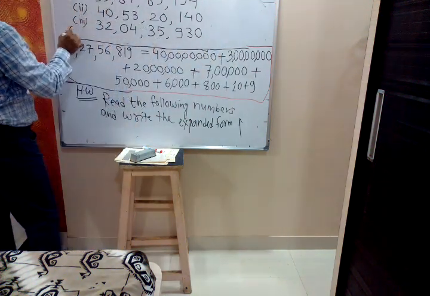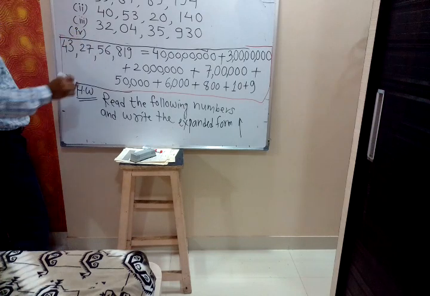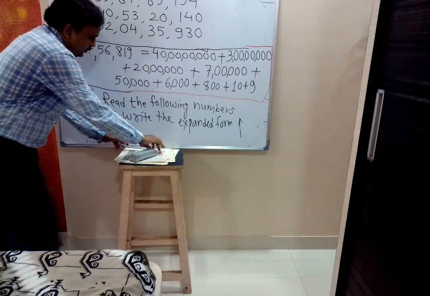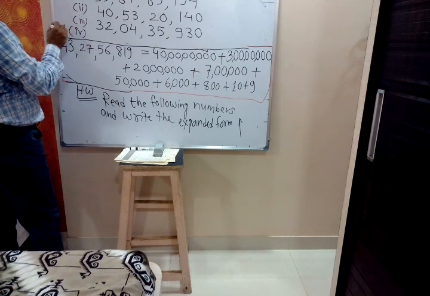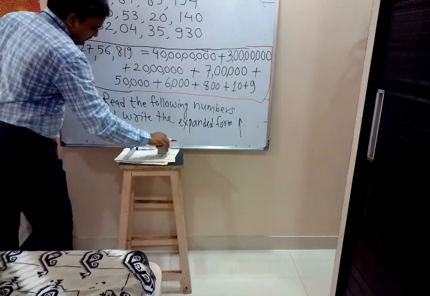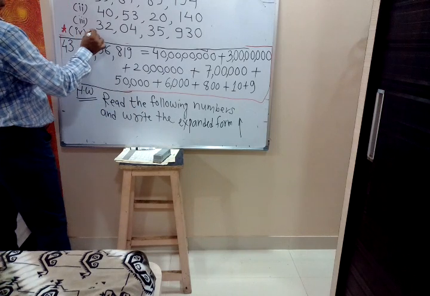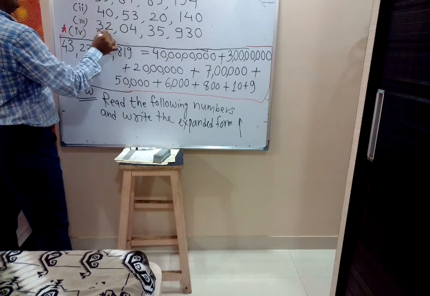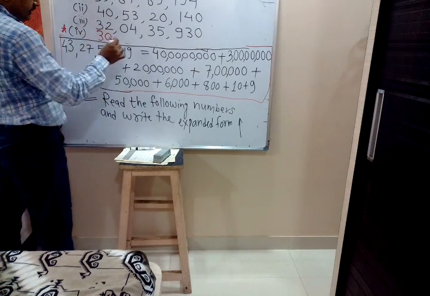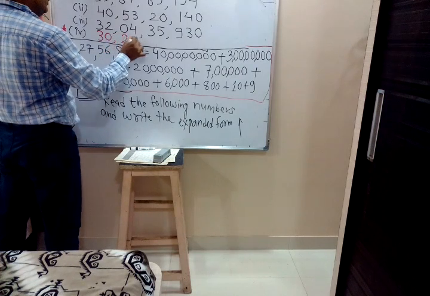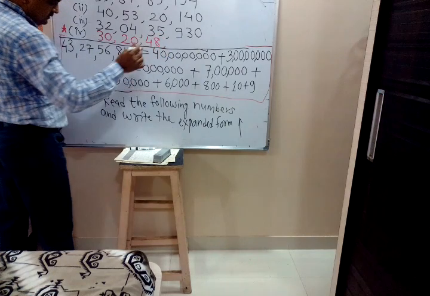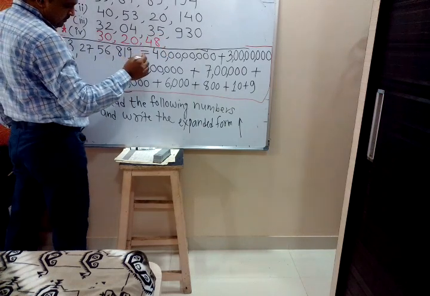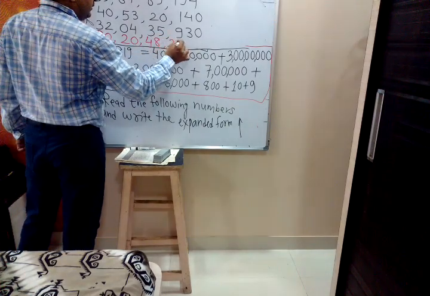Write the fourth. Let me give the fourth one as a difficult one. You have to try. The fourth one will be difficult: 30,20,48,208.